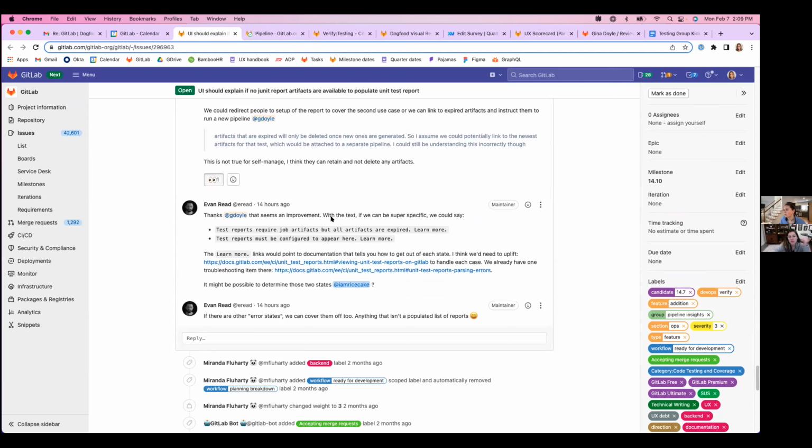Then we just need the front end to validate that this will only show when things are expired rather than not configured, because the second one would be more relevant. Okay, yes, agreed. And I can make that look more like an empty state, to Evan's point. Okay, that answers my questions there. Thank you for going through that.